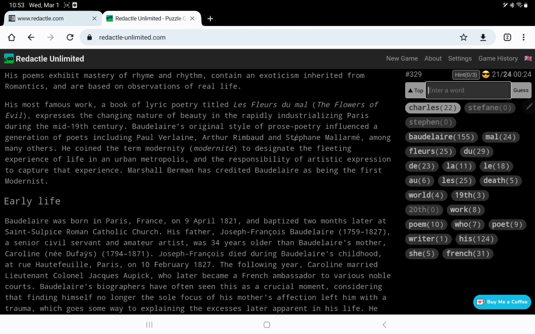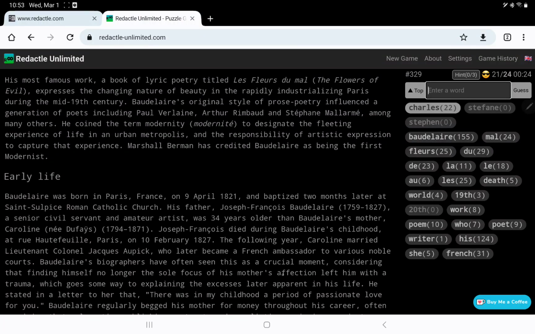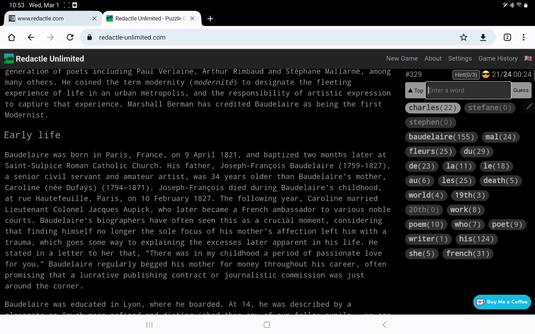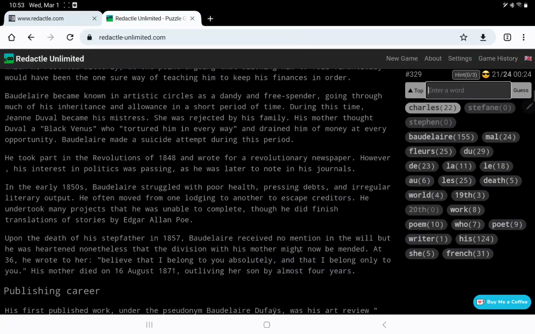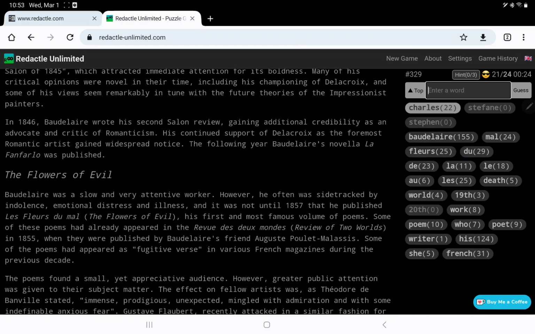He did influence Stefan. So I didn't do it with PH. Okay. Rimbaud, I should have thought of him too. And Verlaine, I should have thought of. Modernity, early life, publishing career, Flowers of Evil, etc.